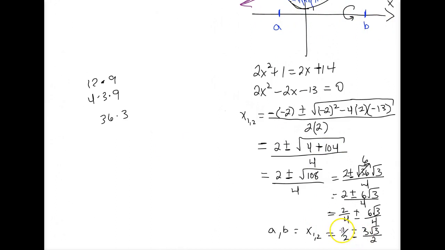The 1/2 minus 3 root 3 over 2 should be our value for a, and our 1/2 plus 3 root 3 over 2 should be our b. So now that we have our limits of integration here, we can pretty much figure out what the outer radius and the inner radius are, and then after that, put everything together and finish up.